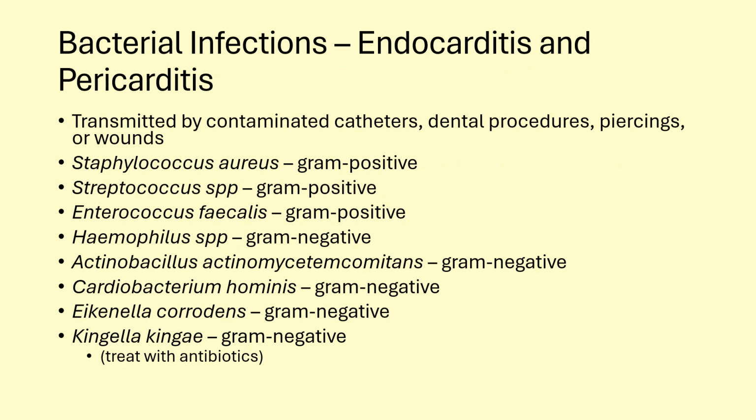Other infections such as endocarditis and pericarditis are often transmitted by contaminated catheters, dental procedures, piercings, and wounds. Dental procedures, if you're wondering, wait a minute, how does this have to do with the heart? When you're having different dental procedures done, sometimes even just regular cleaning around the teeth, the gums sometimes get bleeding, and it's an entrance point to the cardiovascular system.